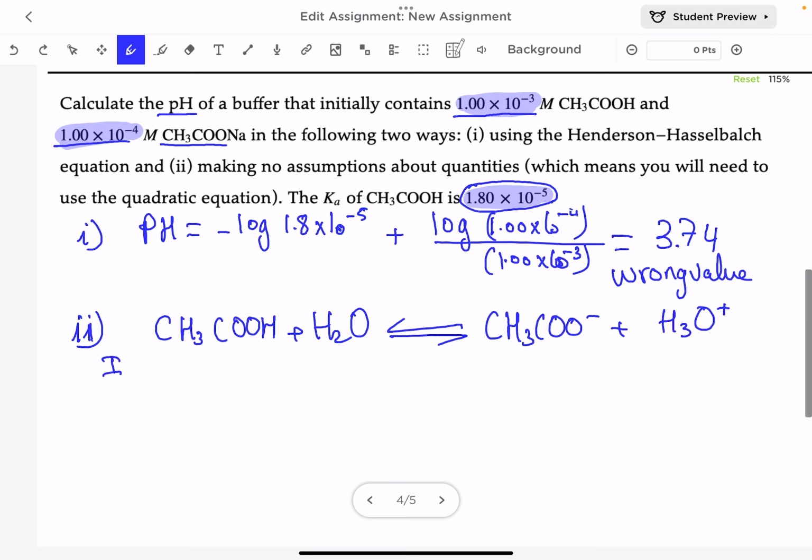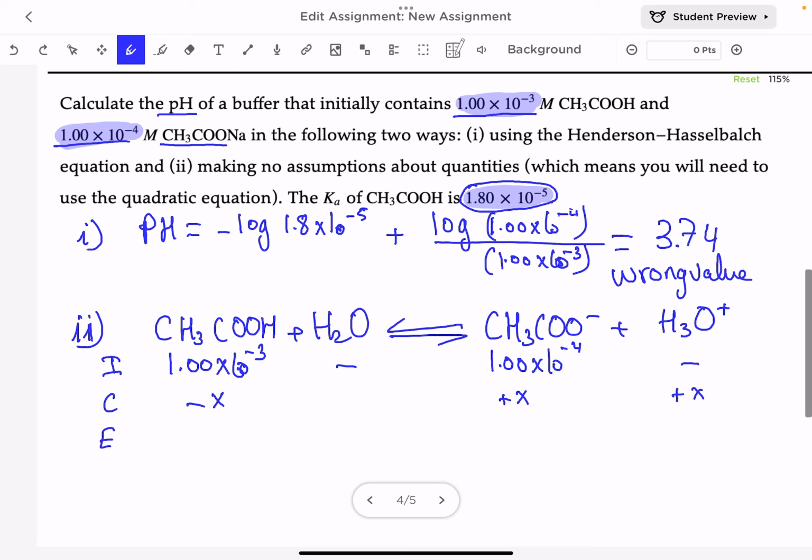So here, initially, you have 1.0 times 10 to the power negative 3. And also you have in this mixture, since this is a buffer, the conjugate base. So the change would be a consumption from here, and we obtain more and more of these substances.